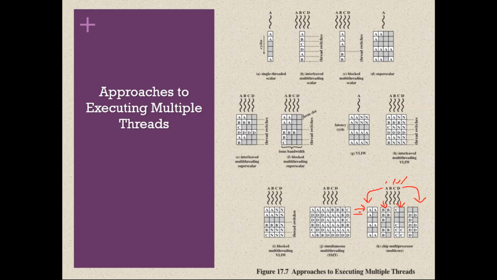During clock cycle 2, it is trying to fetch two independent instructions from A, but it got only one. During the third clock cycle, it is trying to fetch two independent instructions from thread A. It got nothing, so it is waiting. There is no context switch here, because this thread is dedicated to this processor. Maybe if there were more threads, say two threads for one processor, that may happen.